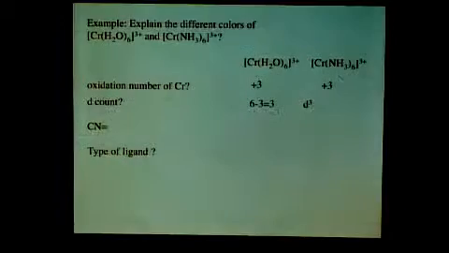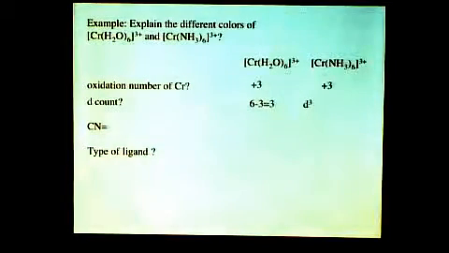What does CN mean again? Coordination number. So what is that for both of these? 6. So there are 6 things coordinated to the chromium, and so we have, again, an octahedral system. And what type of ligand is water?